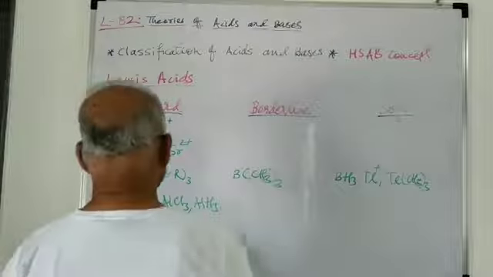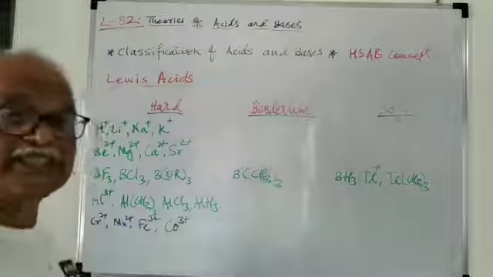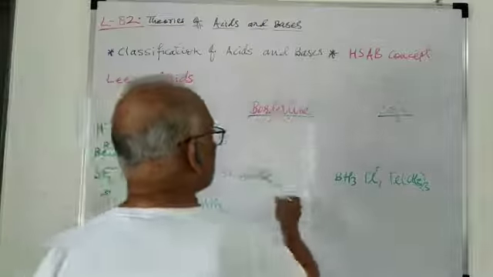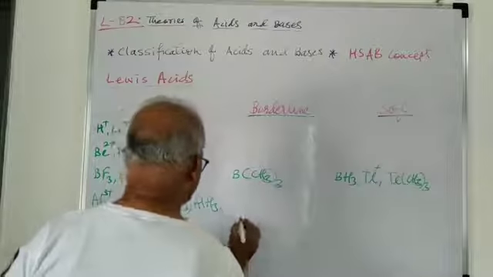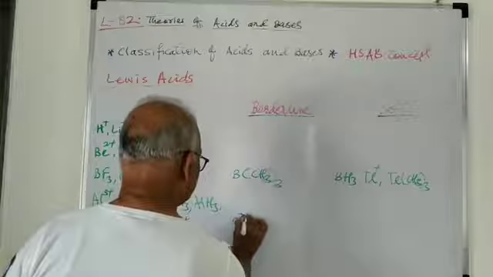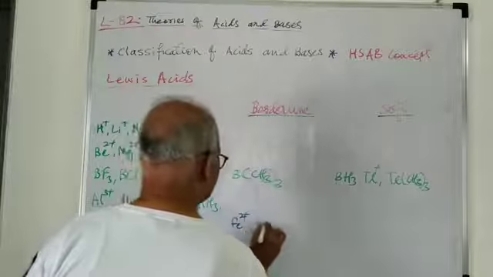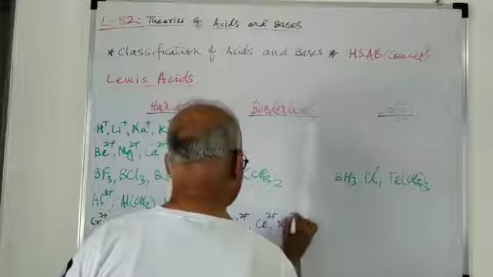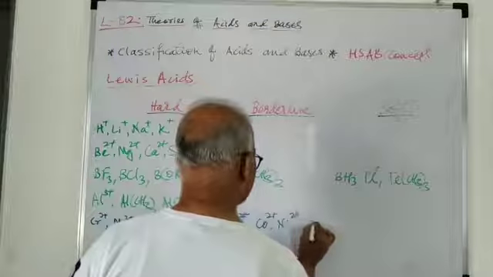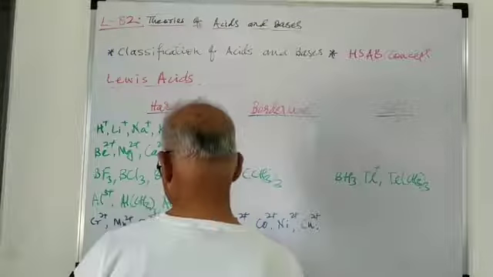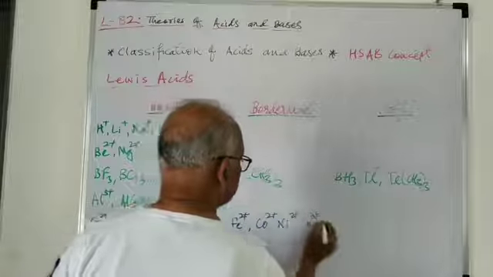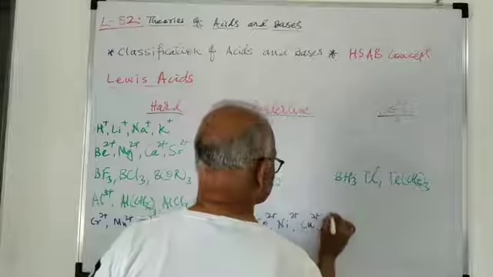Then such species in their lower oxidation states are less hard, so they are grouped under the borderline and soft category. So we mark these as Fe2 plus, then Co2 plus, Ni2 plus, Cu2 plus, then Zn2 plus.